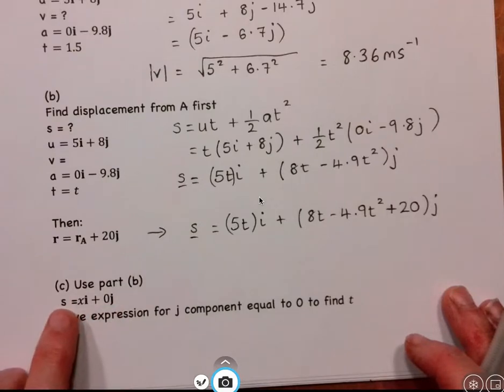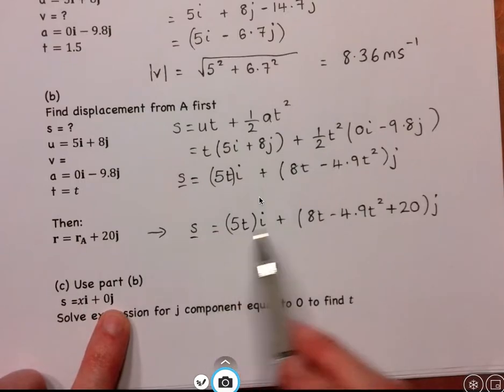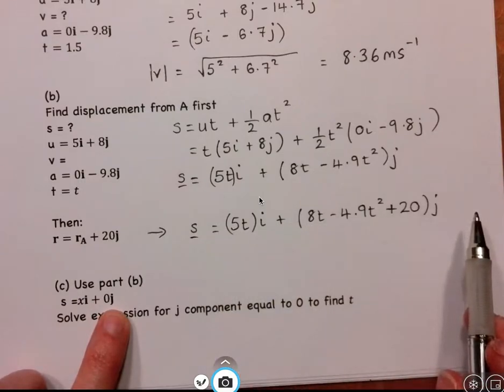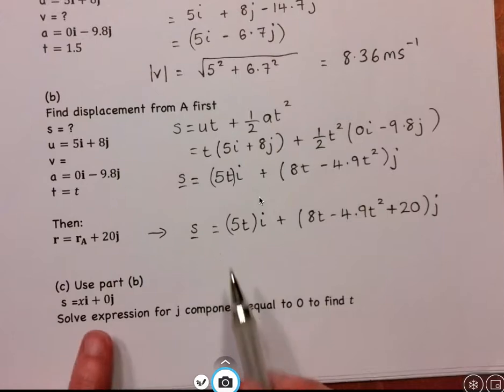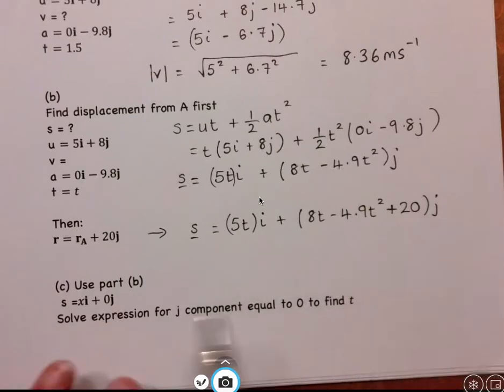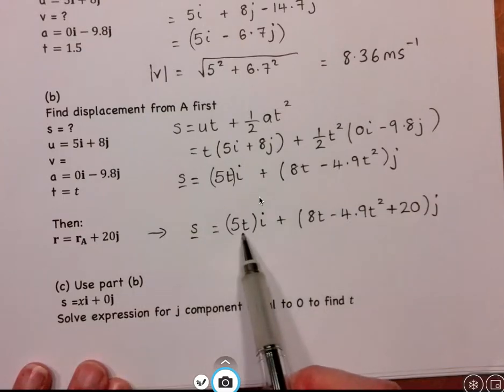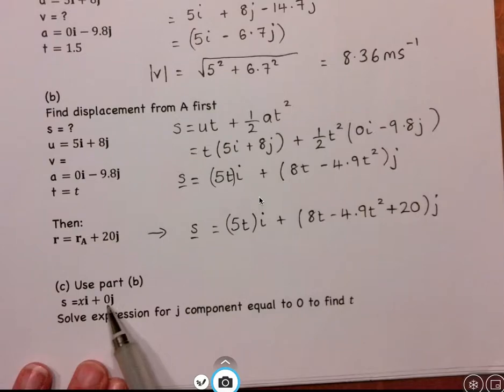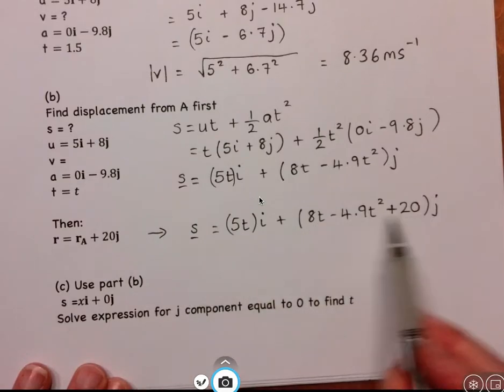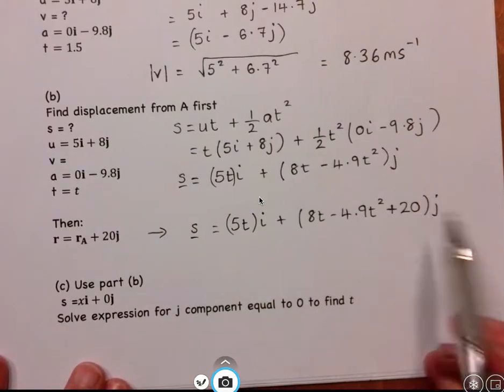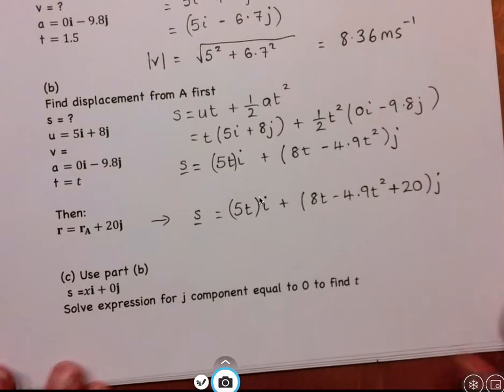Because this is a position vector, I can compare it to my equation, and you can see x must be equal to whatever 5t is. But I also know that because it's got a vertical displacement of 0, 0 must be equal to this here. So that helps us solve a quadratic equation now.